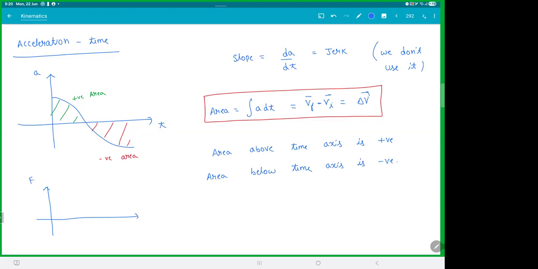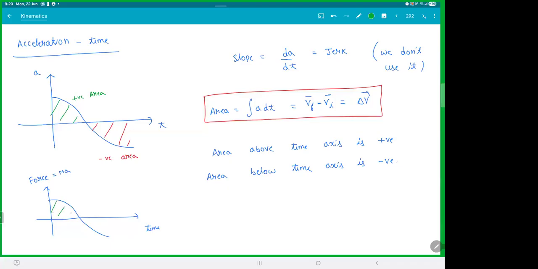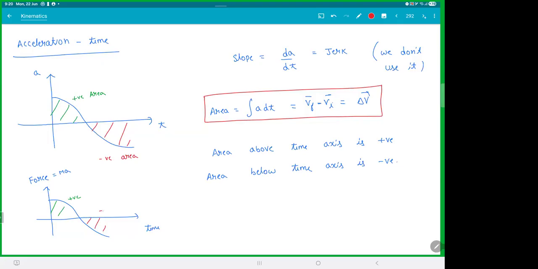Force time graph. Now we can understand force is nothing but mass into acceleration. This is positive. This is negative. So here the area in FT graph, integral force into time, which is nothing but change in momentum.